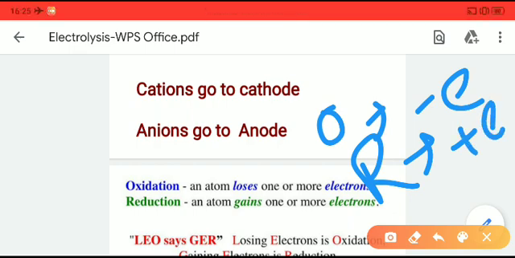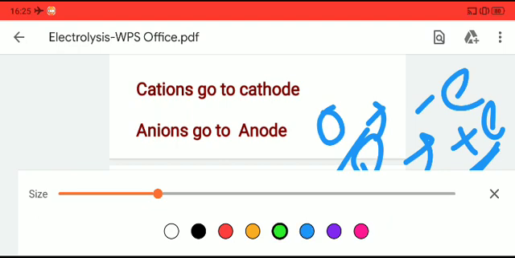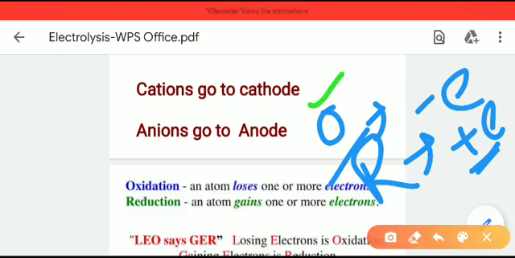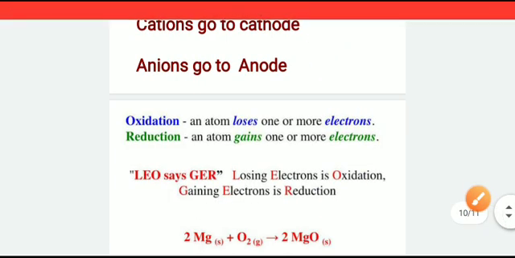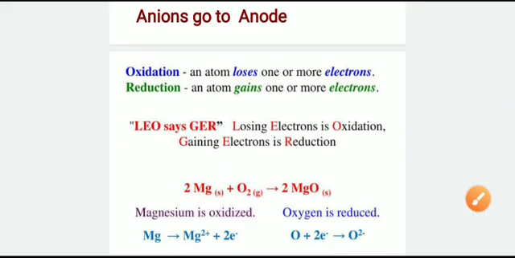So oxidation is when an atom loses one or more electrons. Reduction is defined as the atom gaining one or more electrons. If an atom gains electrons, that is reduction, and if an atom loses electrons, that is oxidation. Here is also a trick to remember this: LEO says GER.